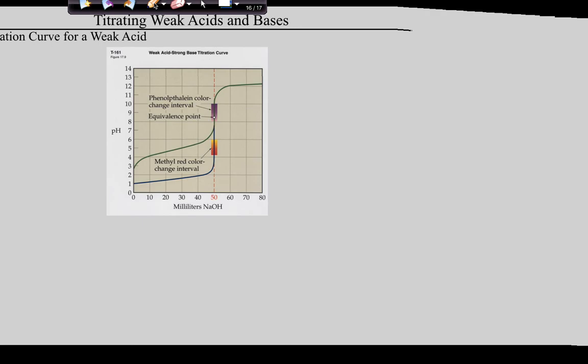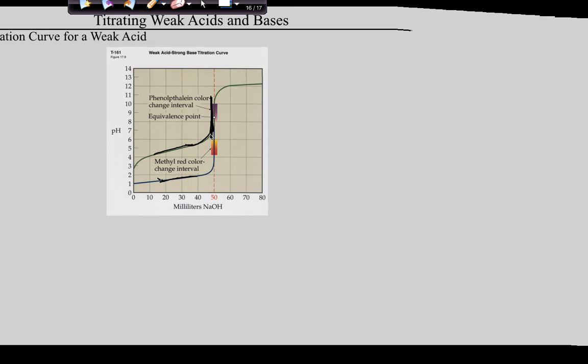Then, guys, notice this. This is a little steeper because it's weak, but the rates start to approximate each other. But then, guys, notice this. When this thing starts to approach equivalence, you'll notice, first of all, that it's a higher pH. But as a result, the pH jump that it goes through as it runs through equivalence is much smaller.